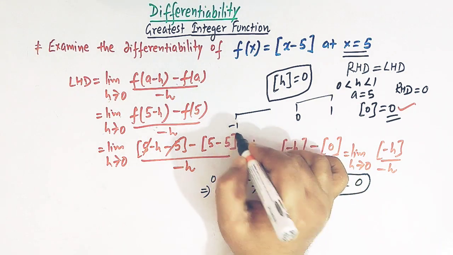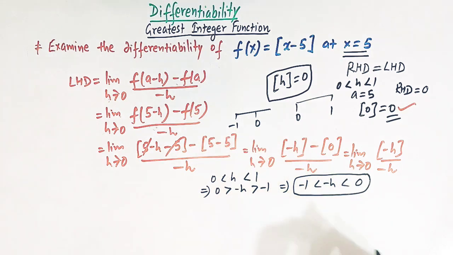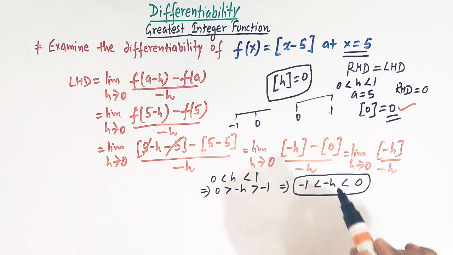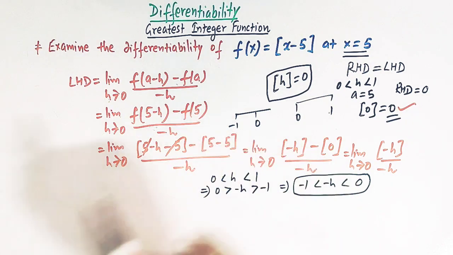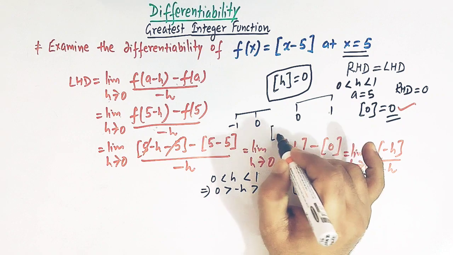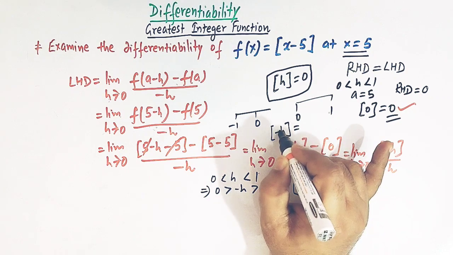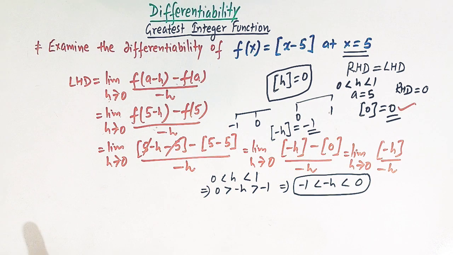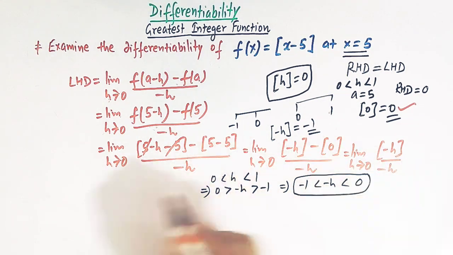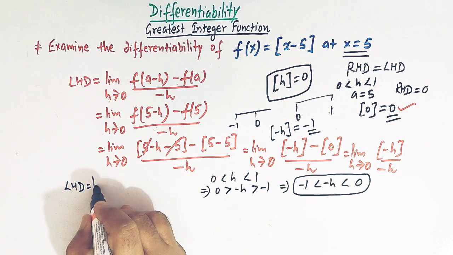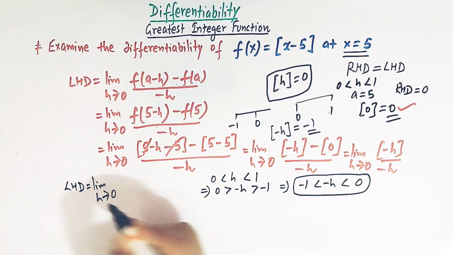So h lies between 0 and 1, but minus h lies between minus 1 and 0. From the definition of the greatest integer function, the value of greatest integer of minus h must be equal to minus 1.